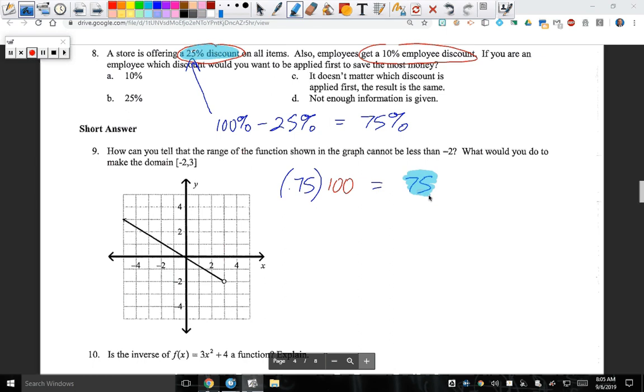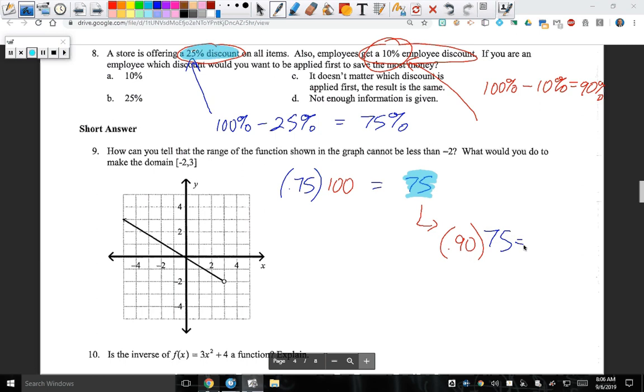I'm expected to pay this. And then let's say I want to apply this 10% discount now. Again, this is a 10% discount, so don't multiply it by 0.10. You have to be thinking, okay, I'm normally expected to pay 100%, but then they're giving me a 10% discount, which means I'm going to pay 90% of whatever is there. So from here, I'm going to pay 90% of the leftover $75.